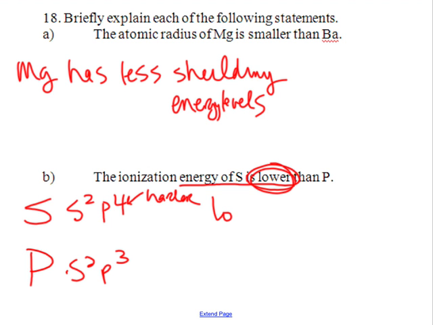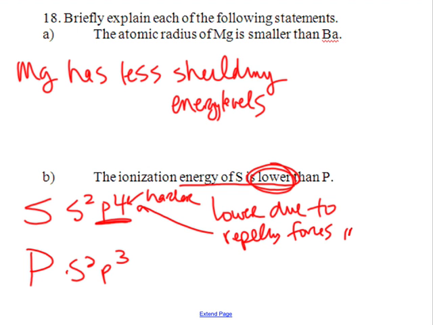It's lower because, why? Yep, this is the electron repulsion one. Imagine your 3 boxes here, and you got that 4th one doubled up in the first box. Lower due to repelling forces in the p orbital, or in a p orbital. Good?